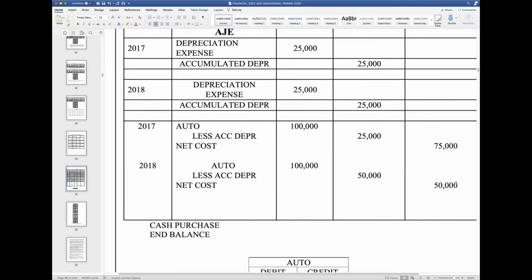So that's how we've talked about three types of prepaid expenses. We had the supplies, which we expense based on usage. Then we had prepaid insurance. We base the usage on time. And for the depreciation, the same thing, we base it on time.